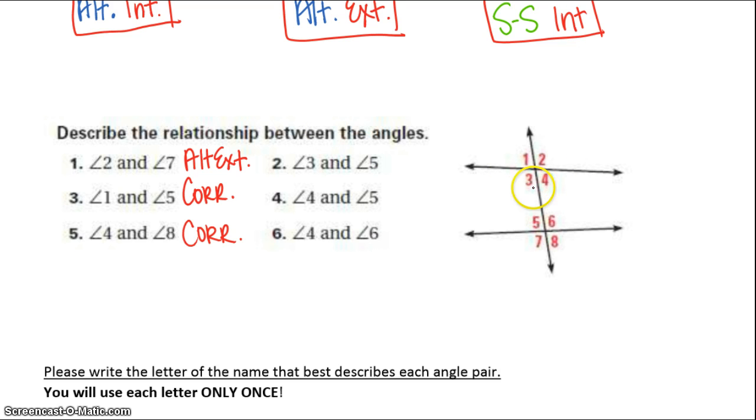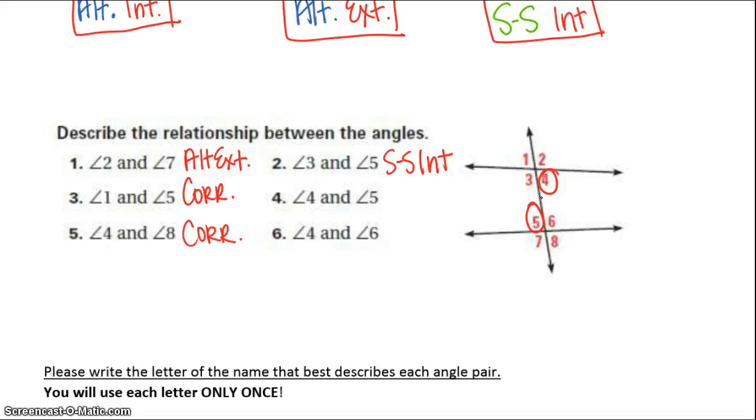Okay, so let's look at 3 and 5. Are they on the same side or are they alternating? They're on the same side. Are they both inside or are they both outside? They're on the inside, so they are same side interior. Let's talk about 4 and 5. Are they on the same side or are they alternating?